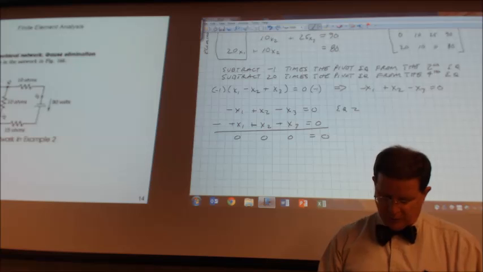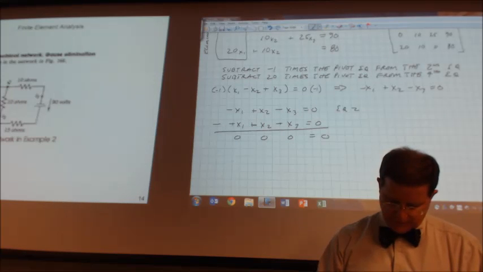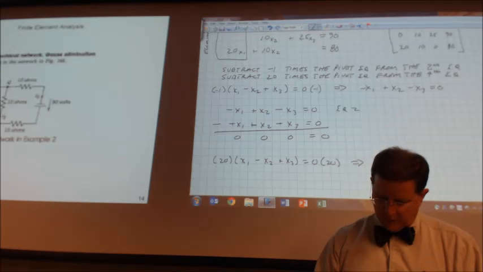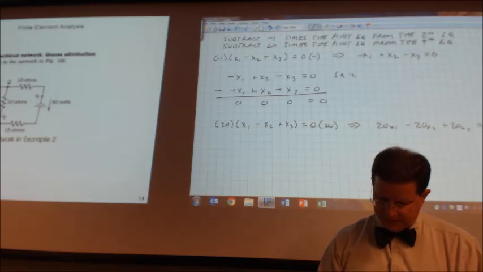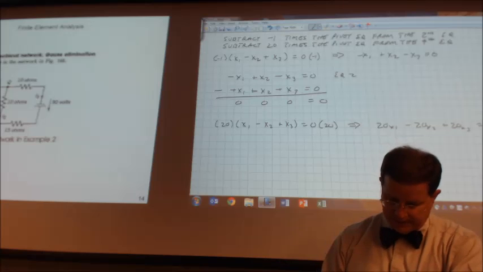Okay, and then what was the next one? Oh, 20 times the pivot. We'll get 20x1 minus 20x2 plus 20x3, and that's still going to equal 0. Equation 4, what did equation 4 look like?